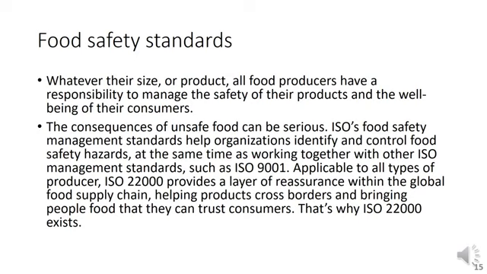The standard outlines a framework which harmonize all the parts of the food supply chain from the producer to the consumer and helps you reduce food hazards, control the risks, and prevent the contamination in the food. Okay.